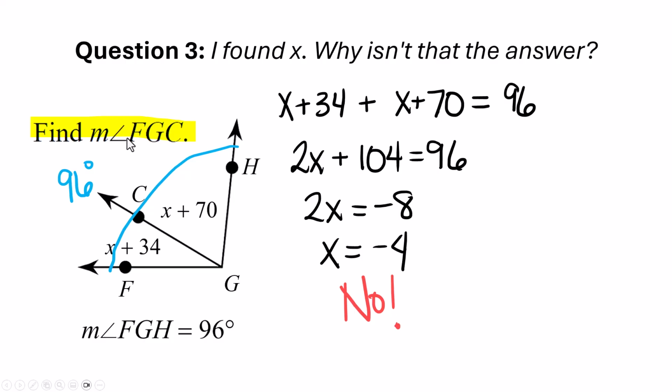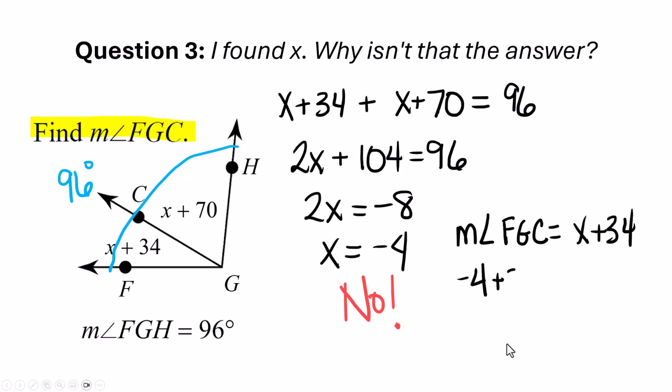But the question is asking you to find the angle FGC, which is this angle right here. So in order to do that, you would have to plug that in. I'll just go ahead and finish this one. And so the actual answer is the measurement 30 degrees, by plugging the -4 into that X plus 34.